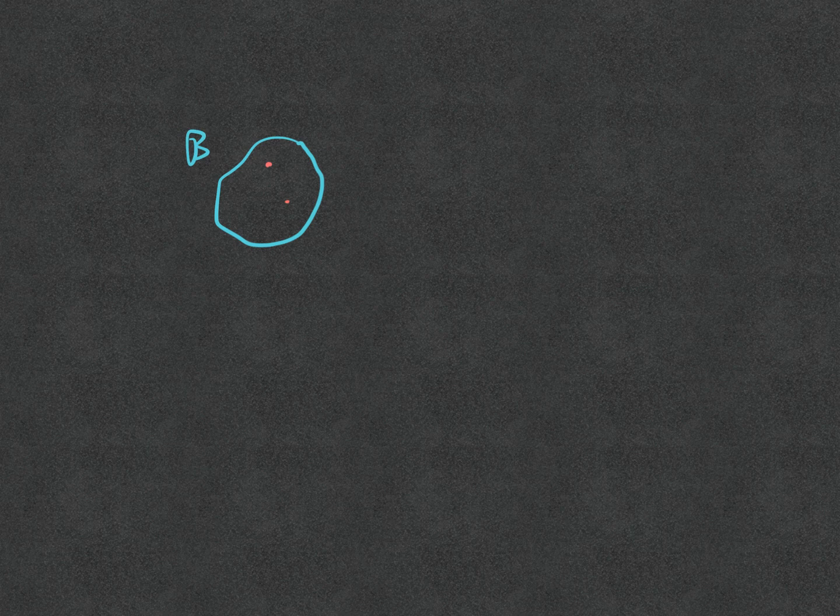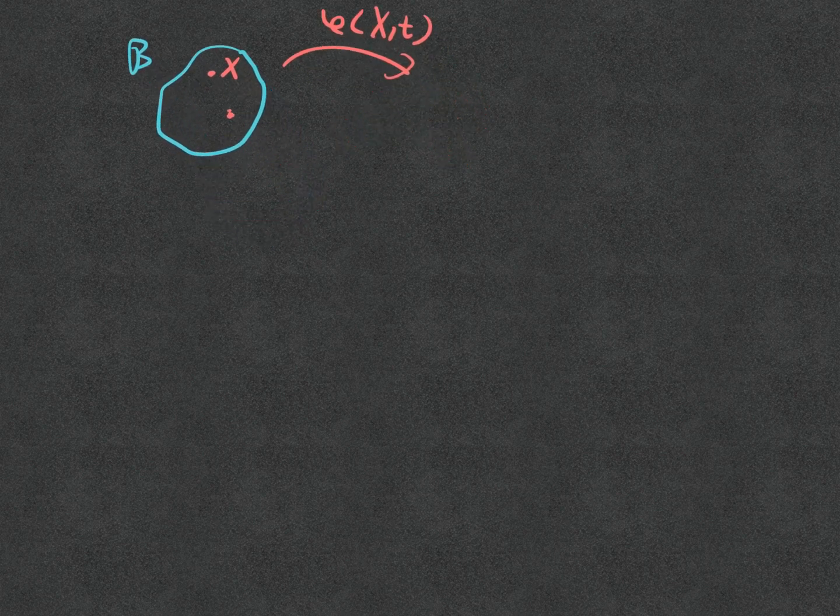Now I'm going to apply the deformation. If this body B consists of a collection of points x, then each x could be applied with a mapping, taking the original x and t as an input and mapping to a deformed configuration.